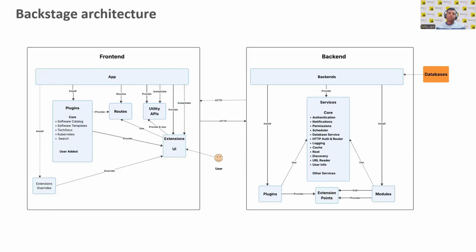So you just import those services which will help you in doing the authentication, the notification, the permission, the scheduler part, which is very relevant in the Backstage world. So all these services are clubbed and then provided to you. So we understand now two things. One, Backstage is really massive.